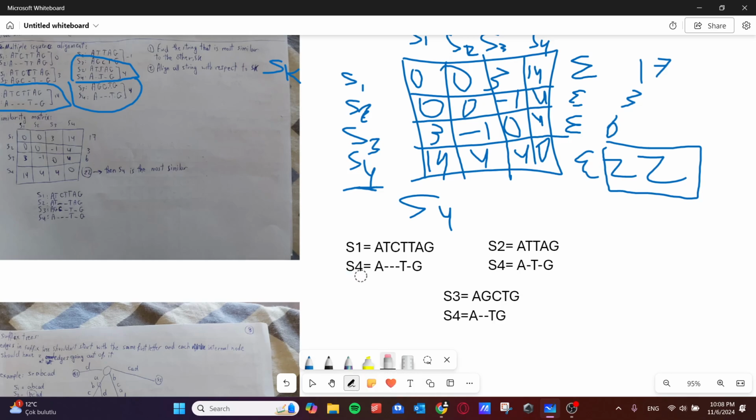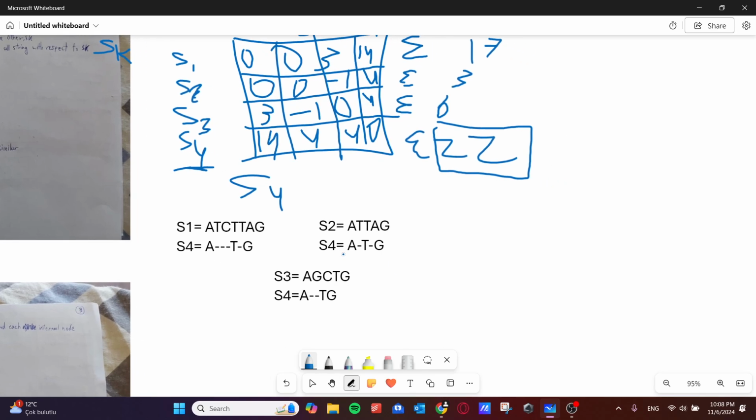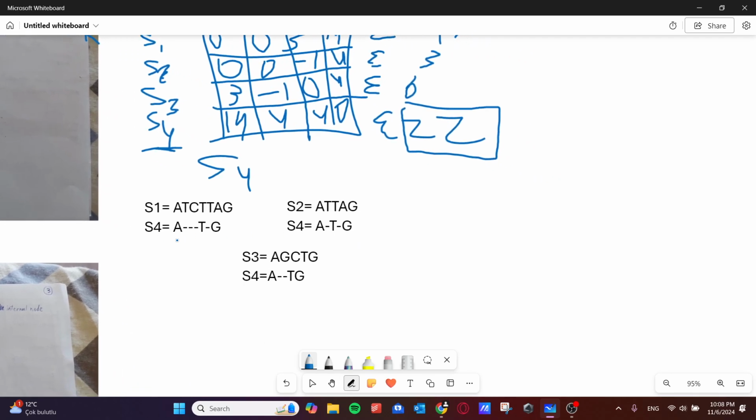We'll start with the S4. Always, we start with the S4. So here we see A, A. It's okay. Gap, gap, gap. It's okay. Here we have gap, but here we have T, here we have gap. So I have to add gap here and also gap here.